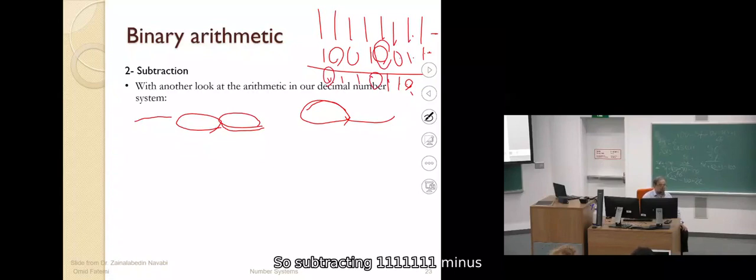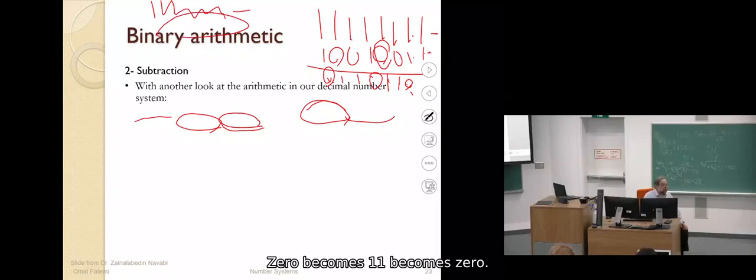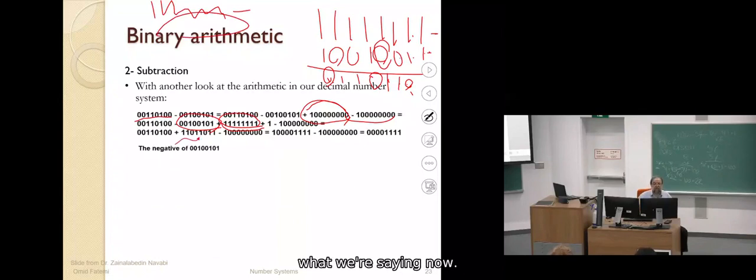So subtracting anything from 11111111 would be complementing it bit by bit. 0 becomes 1. 1 becomes 0.